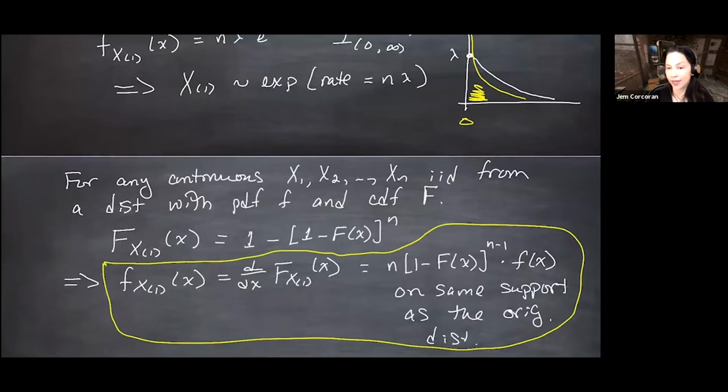Question. Where in the derivation does it go wrong if you don't have a continuous distribution?